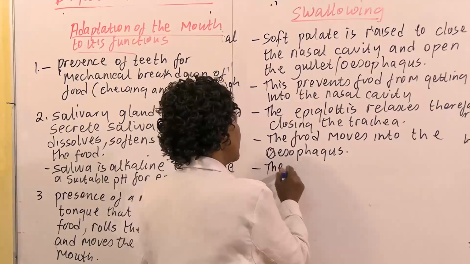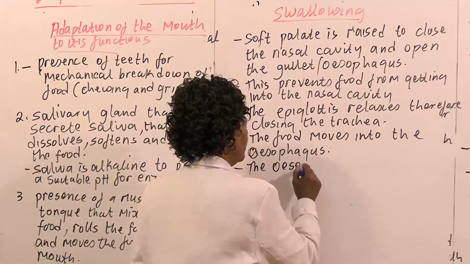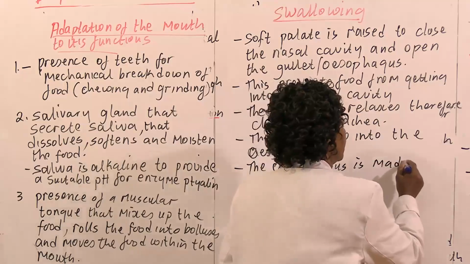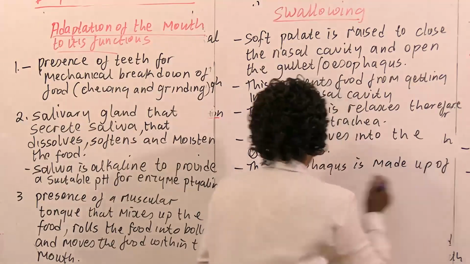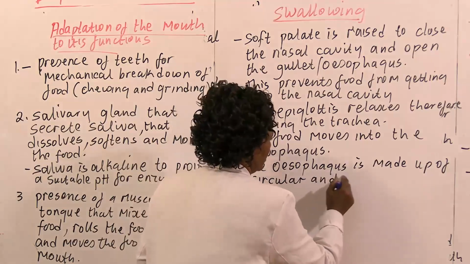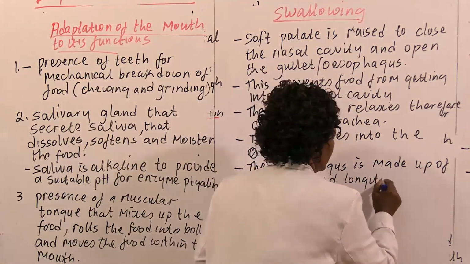So the esophagus is made up of circular and longitudinal muscles.